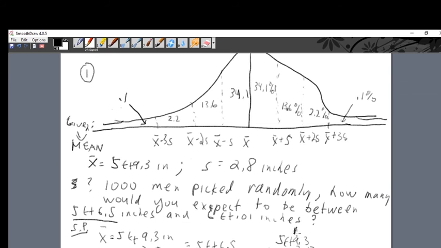How much is 12 inches? A foot. So it's going to turn into 6 foot and 1 inch.